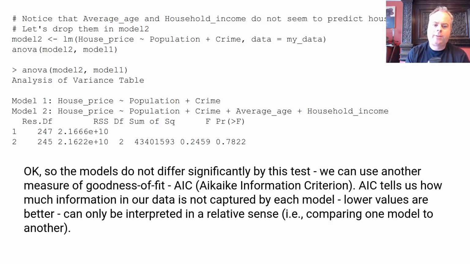Because very often it's a trade-off: we want a model that's good at explaining our data, but we don't want to over-parameterize our model. We don't want an overly complex model, because models that are overly parameterized tend to then not be generalizable to other data sets.